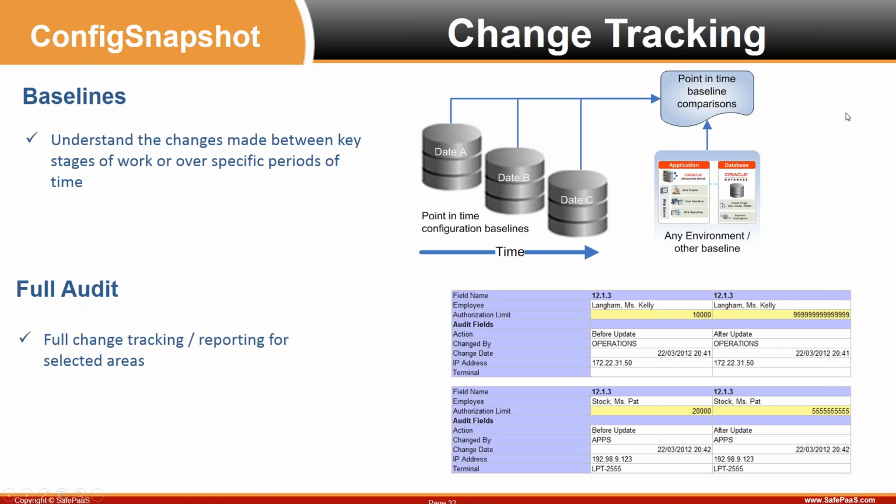Those can be scheduled to run at any frequency you might want. Once you've generated a baseline, which can include as much or as little detail as you wish, you can then at any point in the future compare the baseline settings against live or indeed against other baselines, and that will show you who's made what change since that baseline was taken. So really providing a very simple to use but hugely effective change and release management capability.